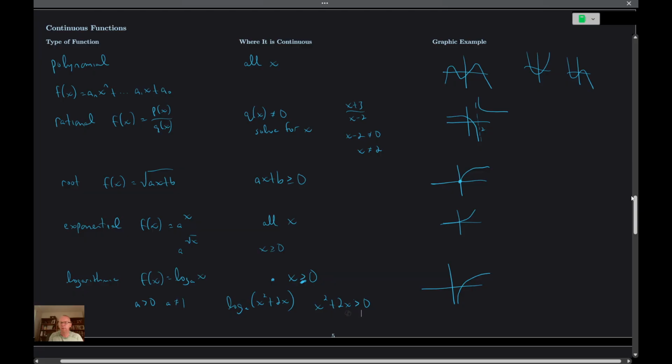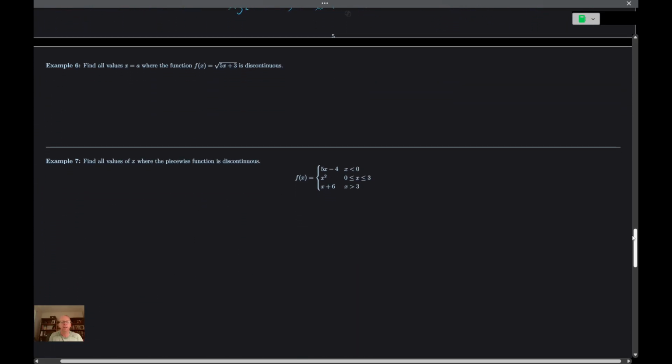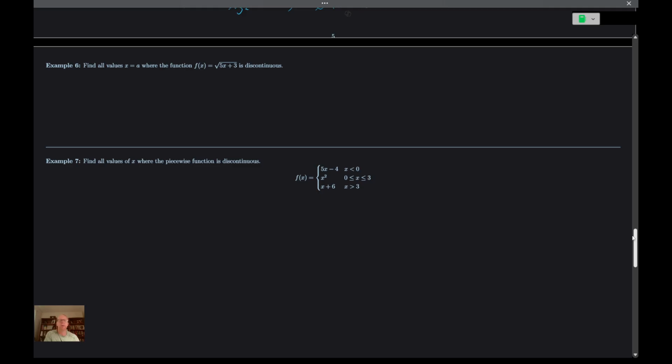Okay, so you certainly need to memorize those in order to do these problems. Down here: find all values of x equals a where the function f of x equals square root of 5x plus 3 is discontinuous. Essentially, where is it discontinuous? That means that 5x plus 3 is going to be less than 0.